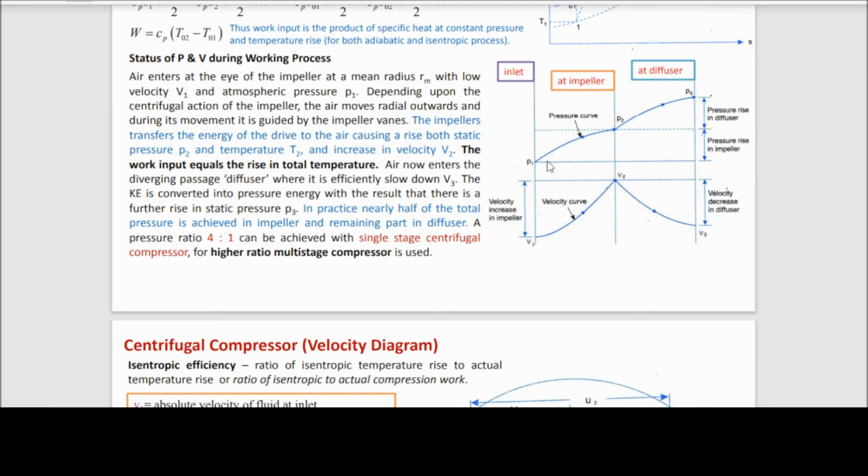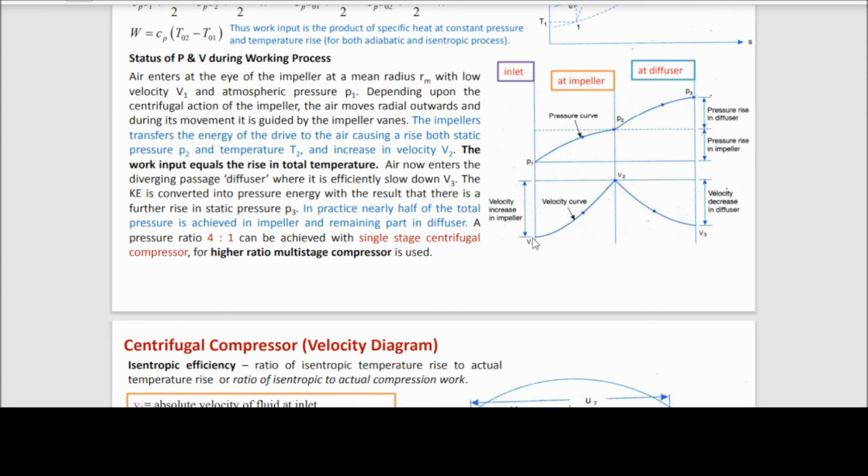I already told you pressure is also increasing in the impeller, and the velocity also increases steeply. In the diffuser the pressure is increased in this way, see, P2 to P3. So half of the pressure is increased in the impeller and half of the pressure is increased in the diffuser.